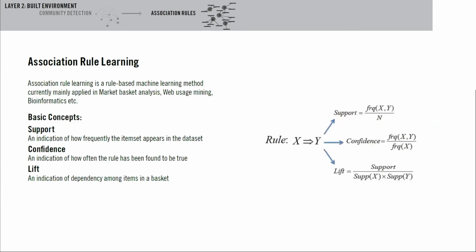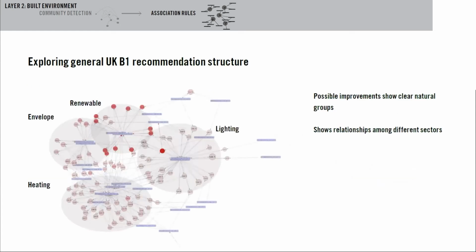And with association rule learning, there are several concepts. For example, we have indicators about how frequently the items appear in the data set, how confident we are about the rules, or how things are dependent within the rules. With those measures, we can select the things we are interested in.